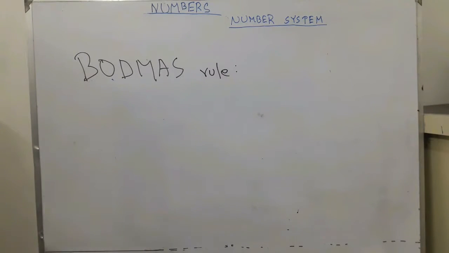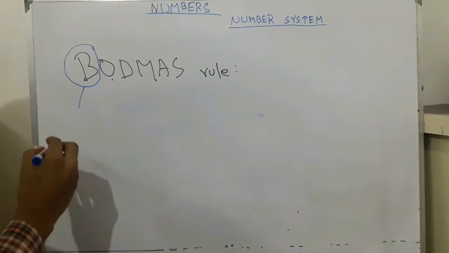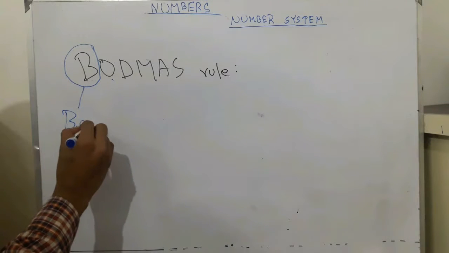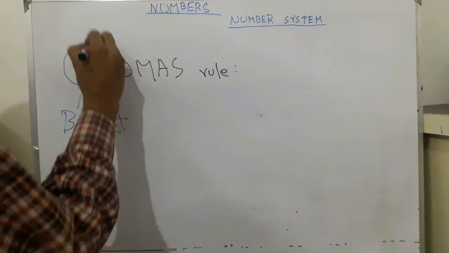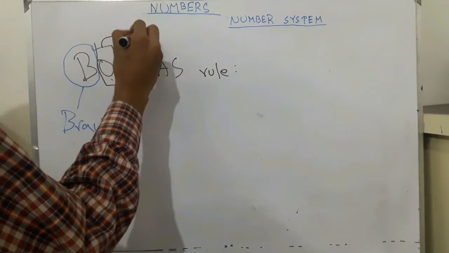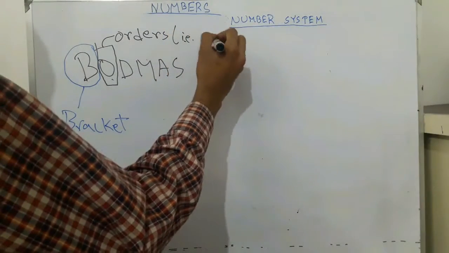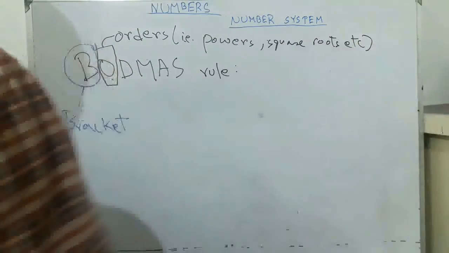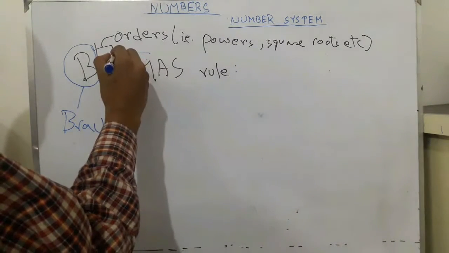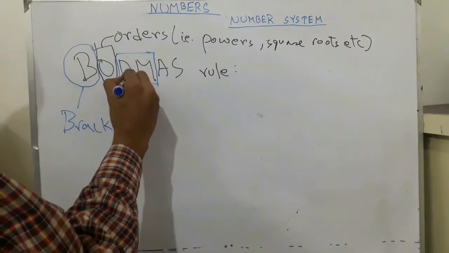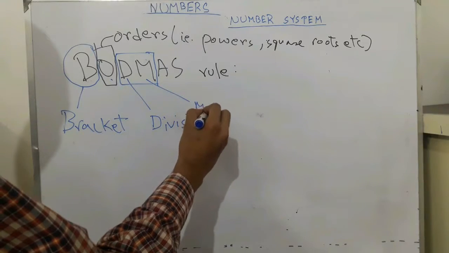This BODMAS is written in short form, where B stands for bracket, O stands for orders, that is powers, etc. D and M stand for: D stands for division, M stands for multiplication.